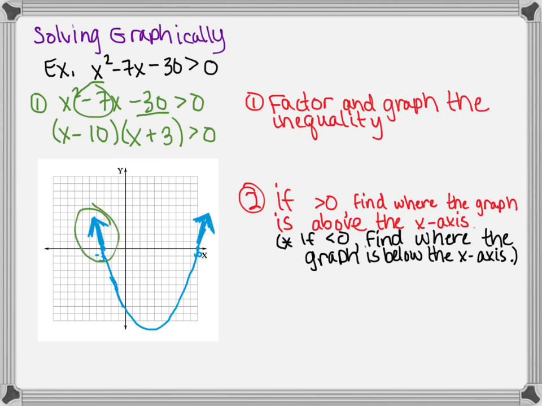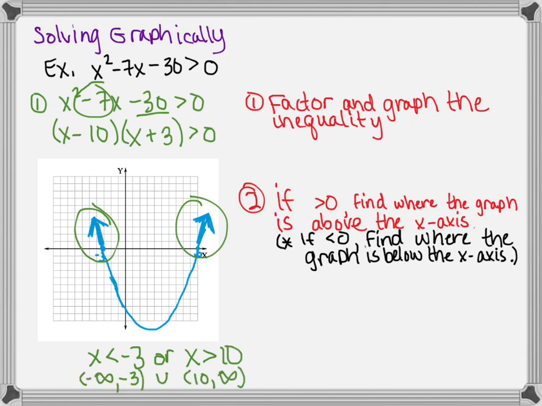And so we've got this left part, which is x is less than negative 3, or the right part, which is x is greater than 10. And I could put that in interval notation as from negative infinity to negative 3, union from 10 to infinity. And that's how you would look at it graphically.